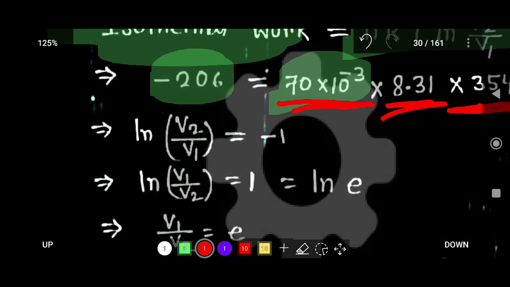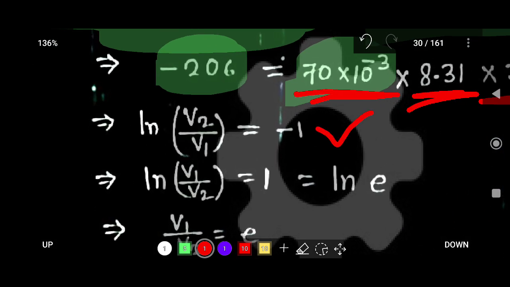So from here you get ln V2 by V1 equal to minus 1. Or you can say ln V1 by V2, as the negative sign changes to positive if you write it this way, is equal to ln e.